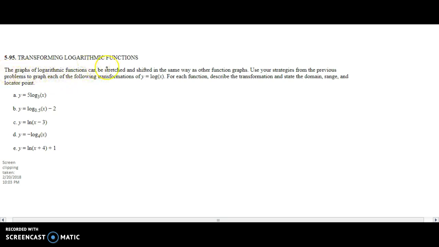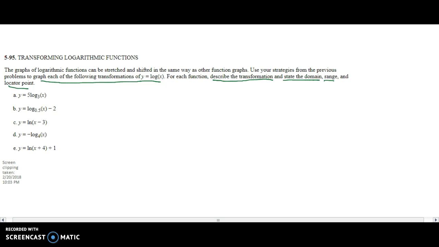Once again, graph each of the following transformations of y equals log of x. These ones I would say do on a separate graph, but as you do this, you describe the transformation, state the domain, range, and the locator point.